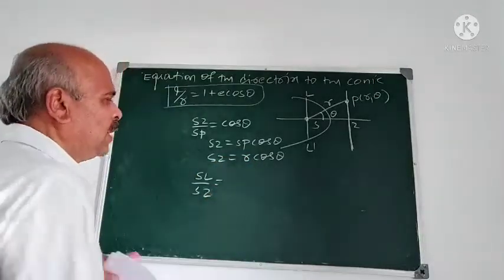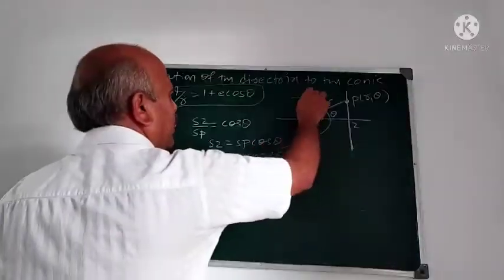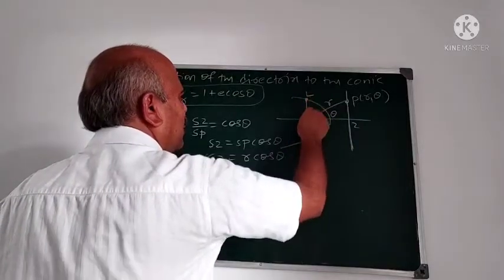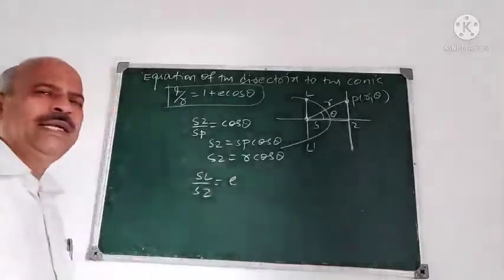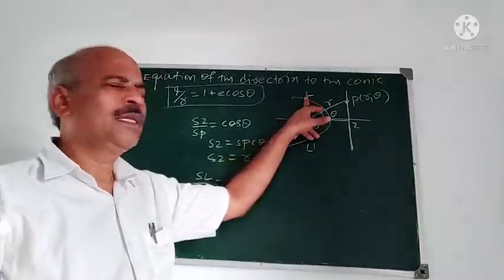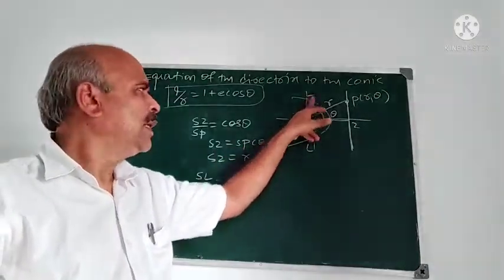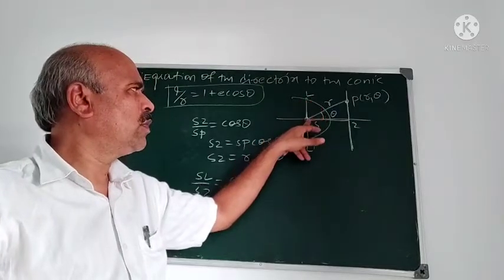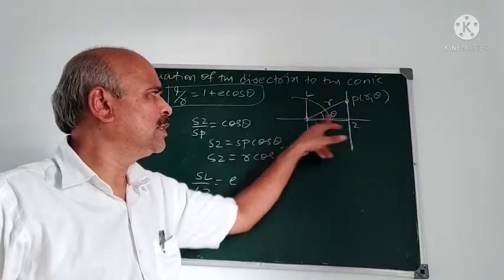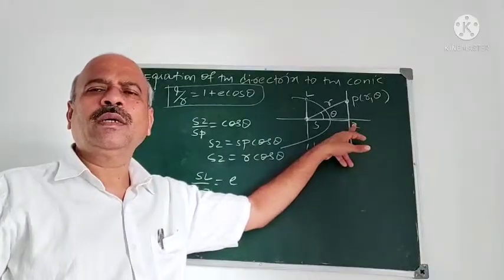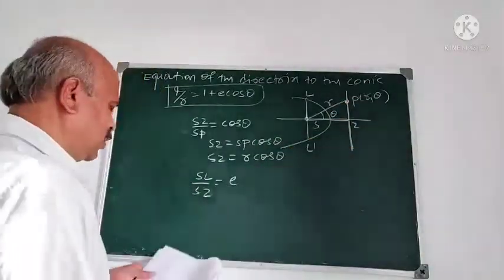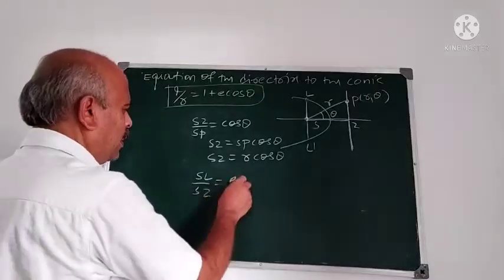But what is SL by SZ? It is e. Why is it e? Because L is a point on the conic section, LS is the distance of the point from the focus, and SZ is the perpendicular distance from the directrix, and the ratio is nothing but e.